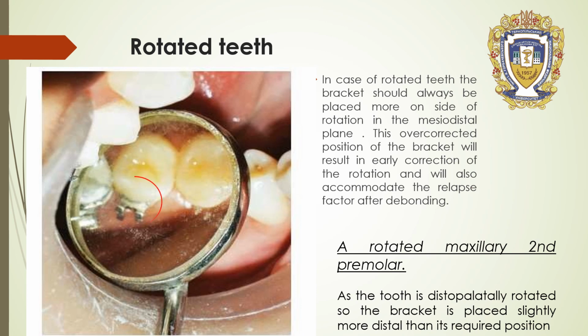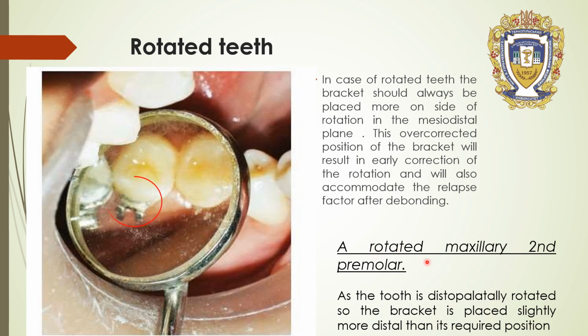What about rotated teeth? In case of rotated teeth, the bracket should always be placed more on the side of rotation in the mesiodistal plane. This overcorrected position of the bracket will result in early correction of the rotation and will also accommodate the relapse factor after debonding.